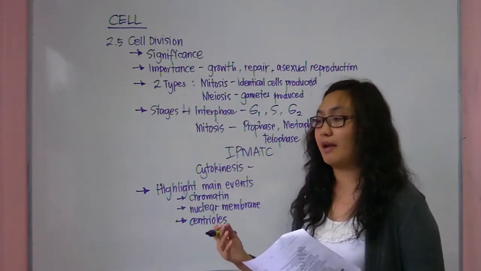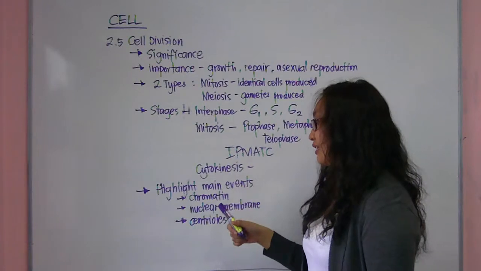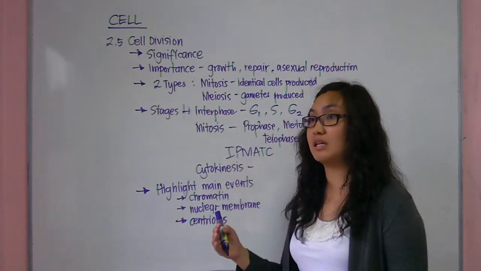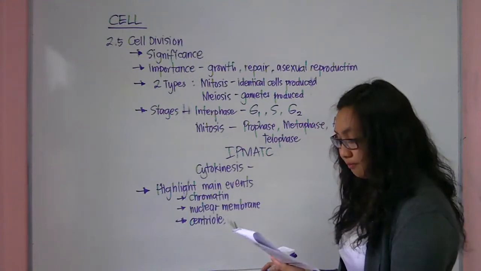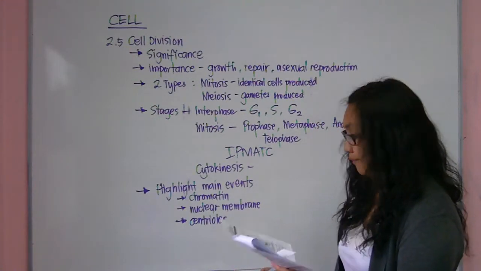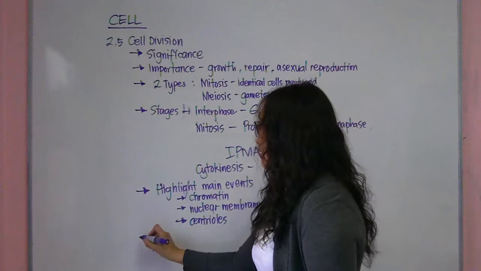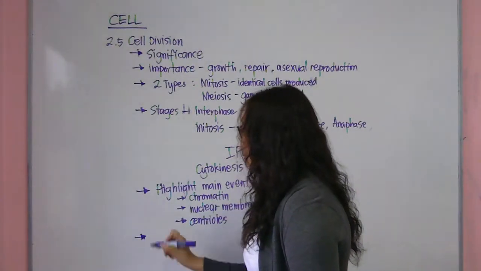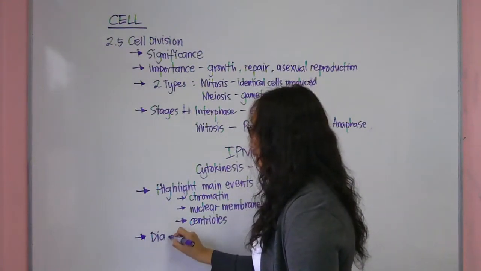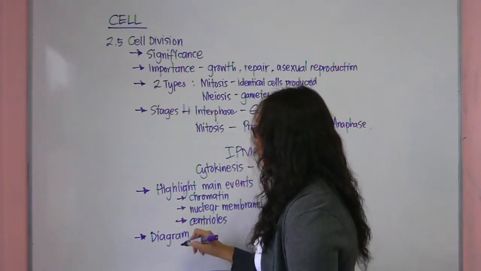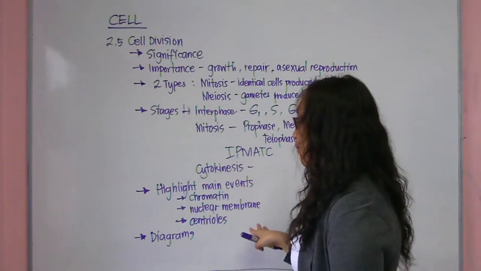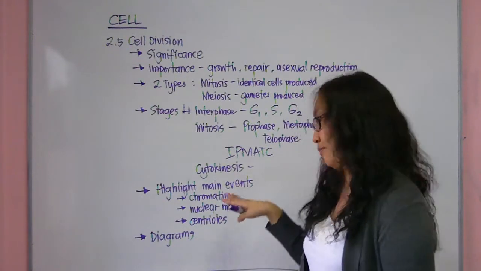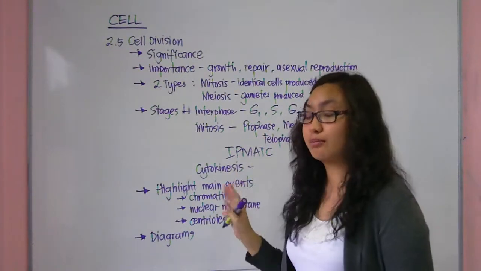Without the spindle fibers, there's nothing that is going to help the chromatin move inside the cell. It's also going to be helpful if we provide diagrams for students while we are teaching the stages and remembering the main events through the process.